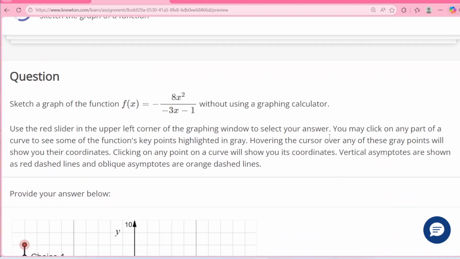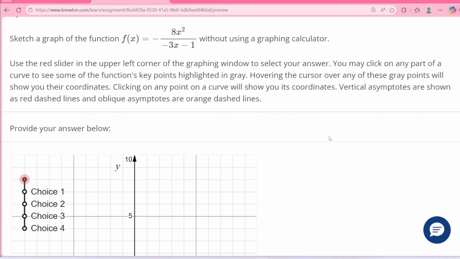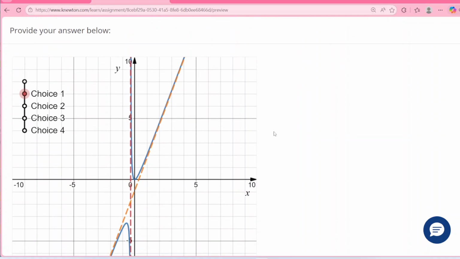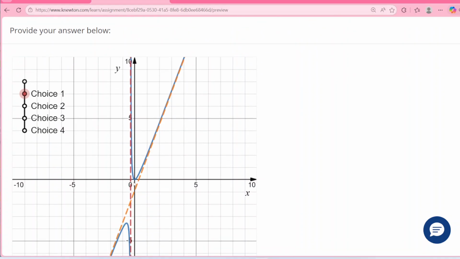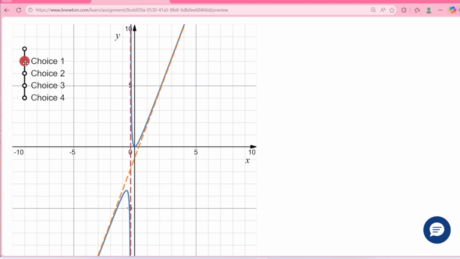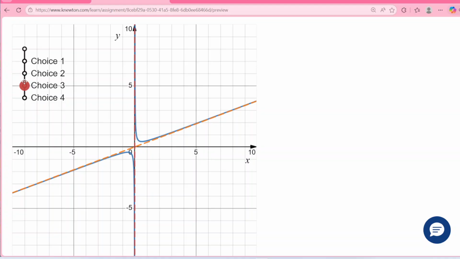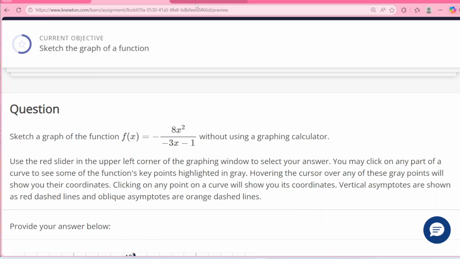All right, then another one with a rational here. So let's see. Now this would have one of those oblique asymptotes, right? And also at -1/3 a vertical asymptote. So possibly this. I think there's possibly all these things. So let's punch this in.